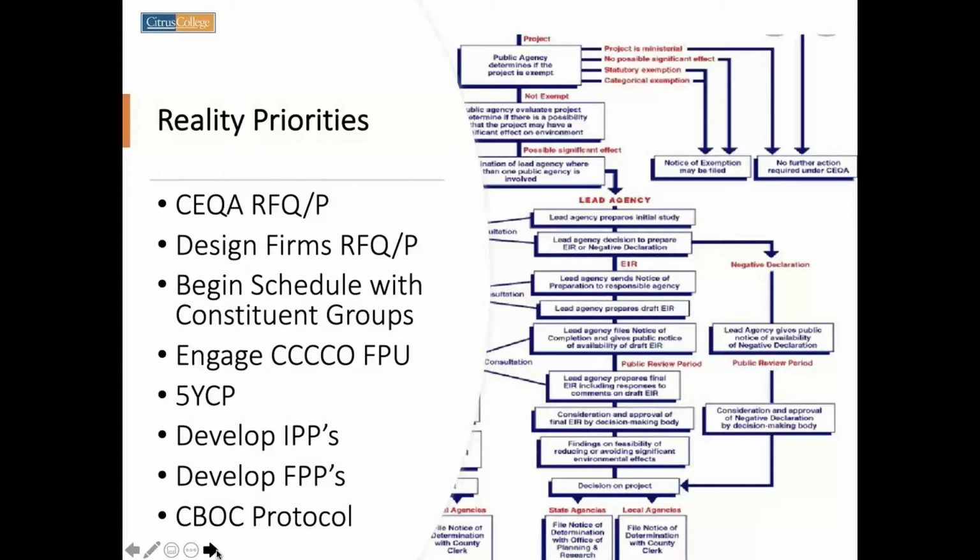Next up is engaging the California Community Colleges Chancellor's Office, in particular the FPU, which is the Facilities Planning Unit. So in the state of California, all of the capital plans for every campus in California actually have to be reported to the Chancellor's Office.